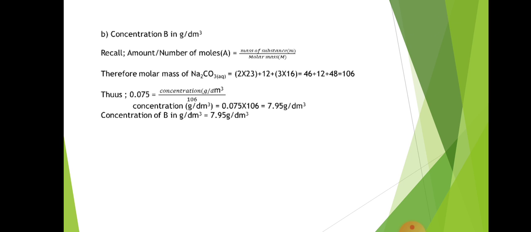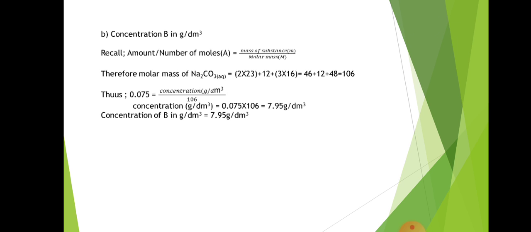For the concentration of the base in gram per dm cube, we recall that the number of moles is equal to mass over molar mass. Therefore, we can say that the number of moles is equal to concentration in gram per dm cube over molar mass in gram per mole.